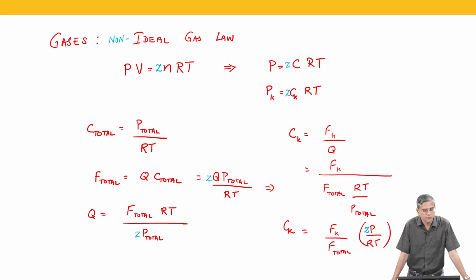Interestingly, the final expressions in all of the 4 books, Froment and Bischoff, Davis and Davis, and Fogler, I have not seen Levenspiel, but Levenspiel and Fogler are usually similar, the final expressions are different in all 4. Okay, but they are all just algebraic manipulations of each other. They are absolutely the same.